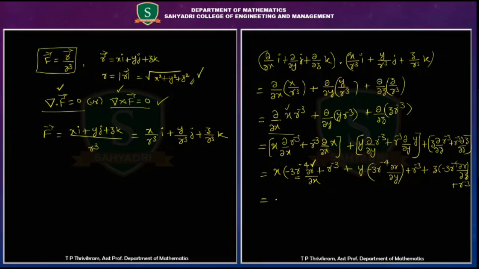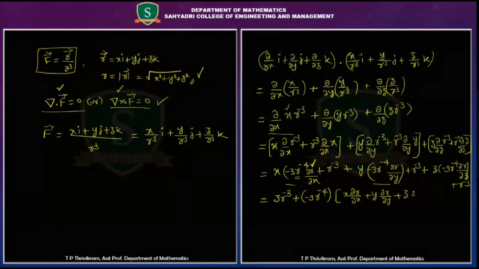So if you do that, what happens? Total 3 r power minus 3 values are there. Next, in all these terms, minus 3 r power minus 4 is common. So I have taken that common, and whatever remains I will write: x into dou r by dou x plus y into dou r by dou y plus z into dou r by dou z.